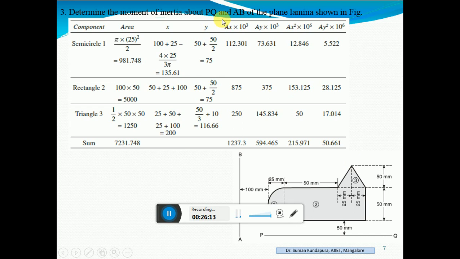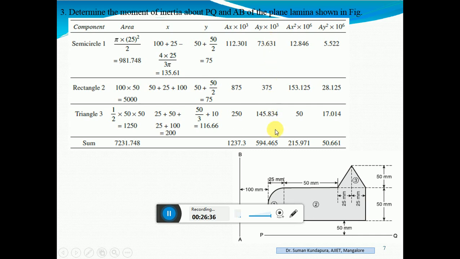Rectangle, I already told you. Area into x is filled in this column for each figure. Area into y is filled in this column. Instead of writing 10 raised to 3 in each column row, they have written it for the entire column here. Okay.